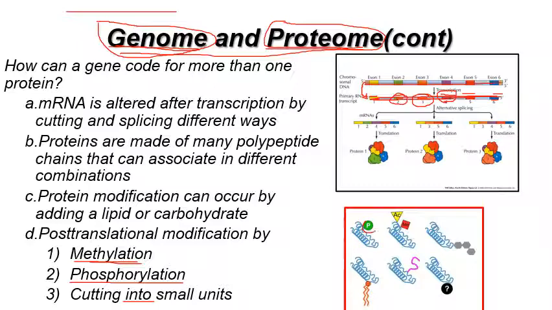Here's that phosphorylation. The blue ribbon is the protein, but we're adding various molecules to it to make a different protein. Even though this may be the same amino acid sequence, this one has a phosphate group, but this one has a phospholipid added to it. So this would change the characteristics. From this to this would have a different characteristic.